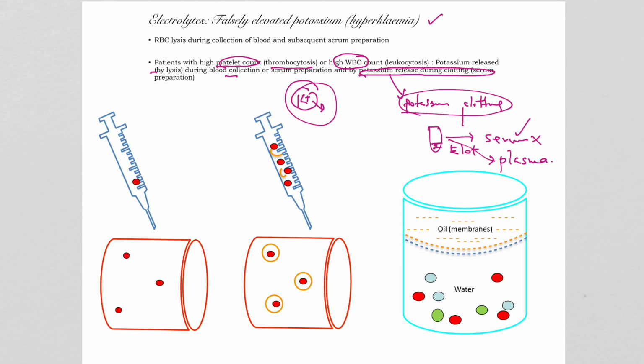Normal potassium values are not very high, so potassium can be affected quite seriously by these kinds of lab-related errors. That's why we call them pseudo hyperkalemia.